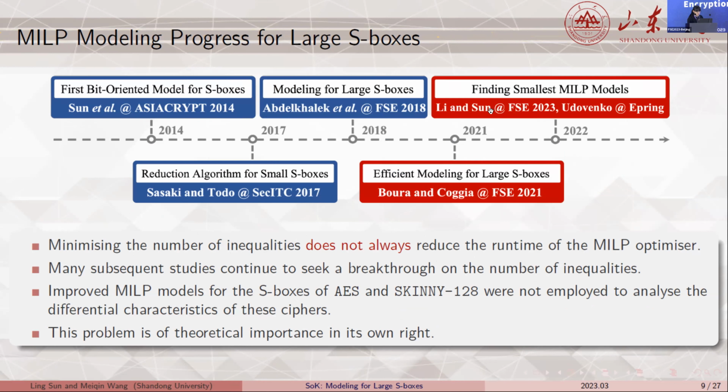In this work, improved MILP models for the S box of AES and Skinny-128 were proposed, but they were not employed to analyze the differential characteristics of these ciphers. But we have to admit that minimizing the number of inequalities is of theoretical importance in its own right.